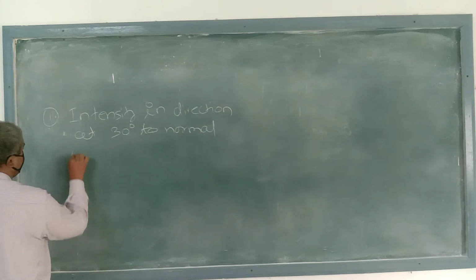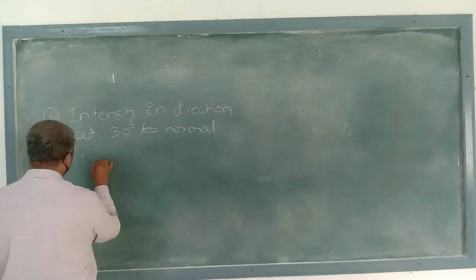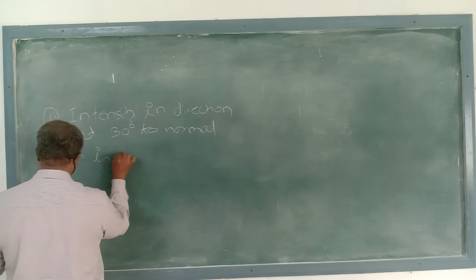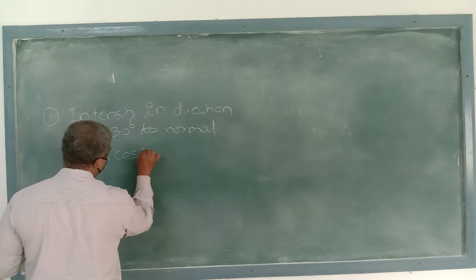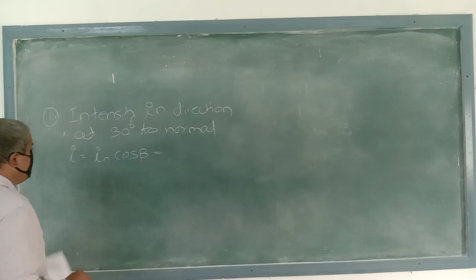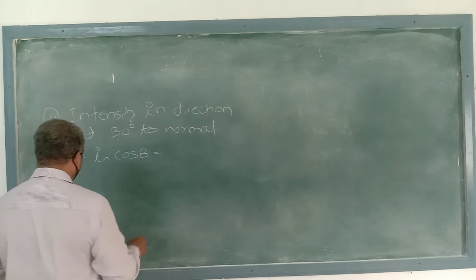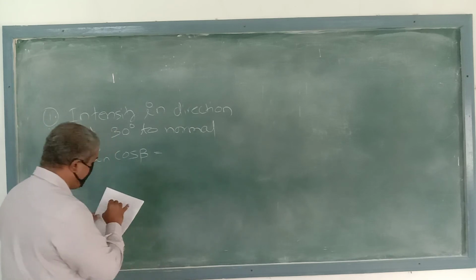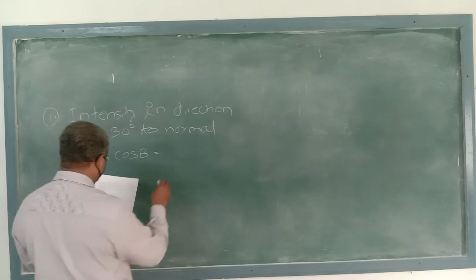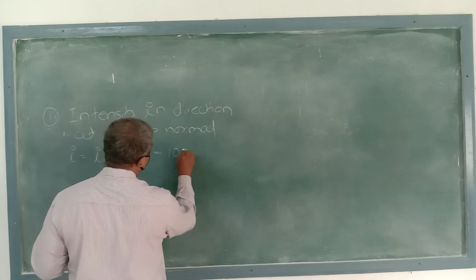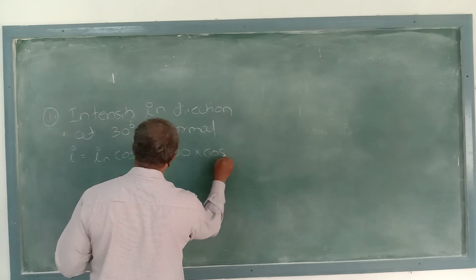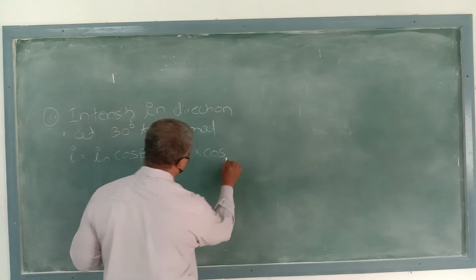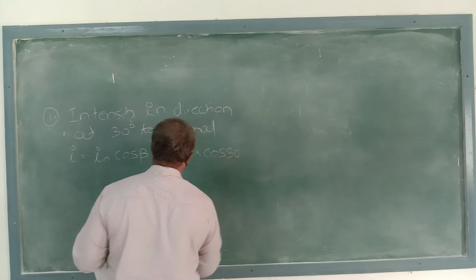So as per Lambert cosine rule, here they have given the In value, which is 100 watt per meter square, into cos of beta, the angle they have given, 30.